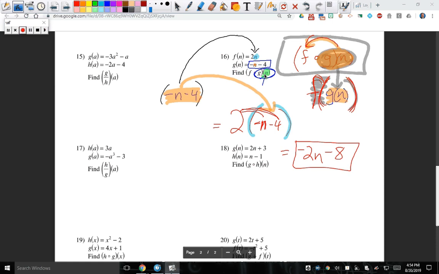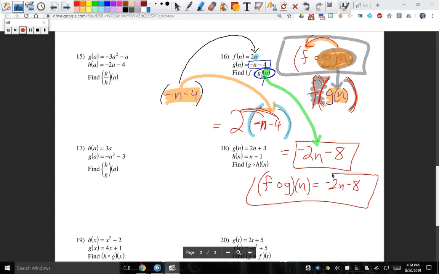Our input was a variable that, in this case, showed that it would have a variable in the very end. So you could write f of g of n is equal to negative 2n minus 8, and that would be the whole answer. Okay? Again, showing that this is what I got as a result.